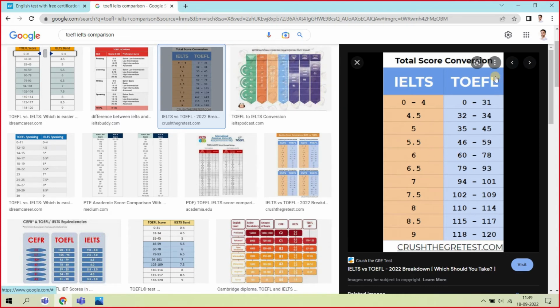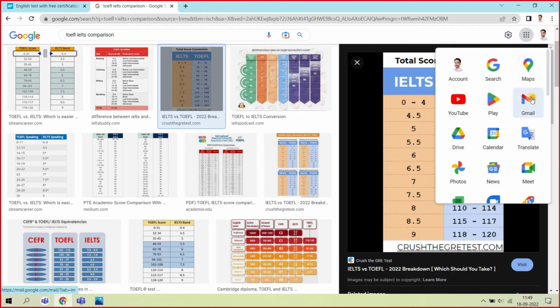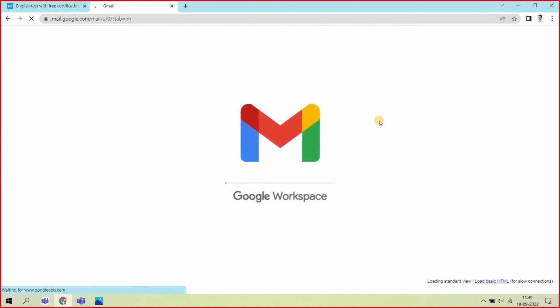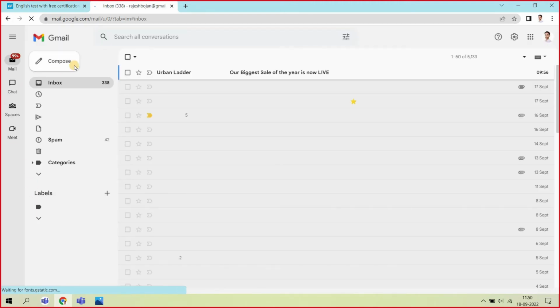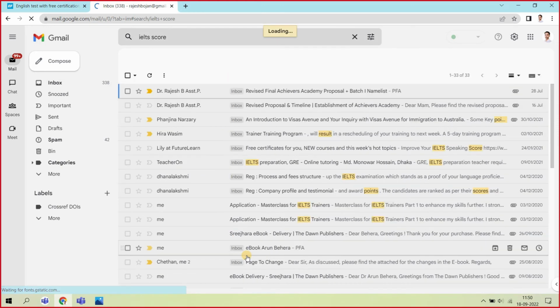And I'll show you one of my students who went for IELTS a year ago. He got a score like this. I don't know whether I have that score here or not, but just to give you an idea about how she has scored.